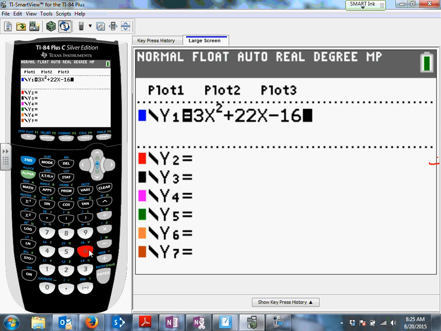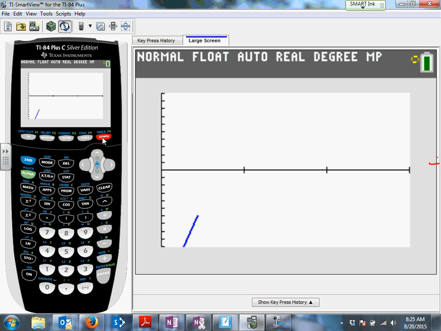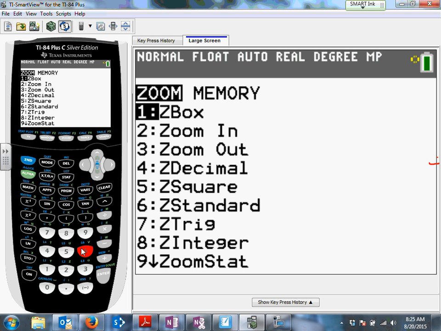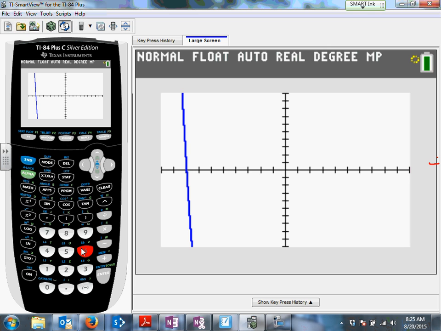If you hit graph, sorry, let me get my window back to normal. There we go. If you press graph, you should get this.